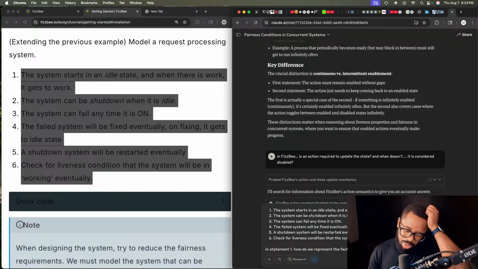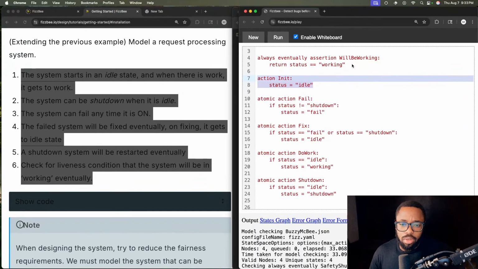What does it mean when there is work? Like, what's the flag that tells you that there is work? I guess we need a variable for that.